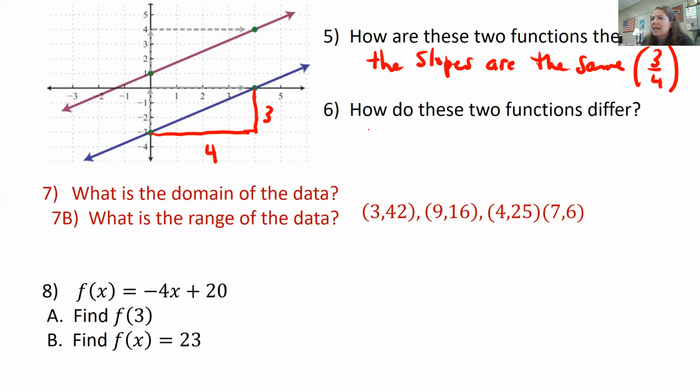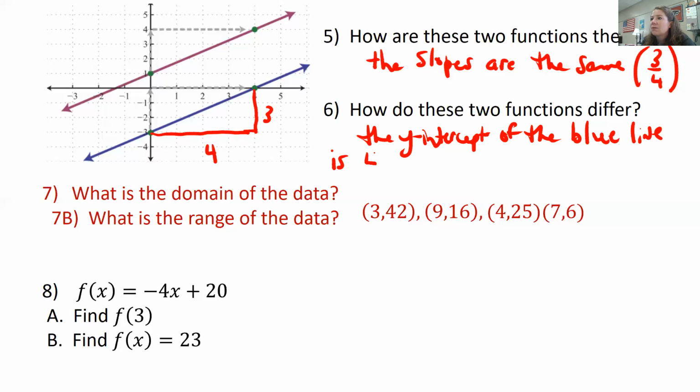So we would say the y-intercept of the blue line is 4 less than the purple line. That's how they differ.